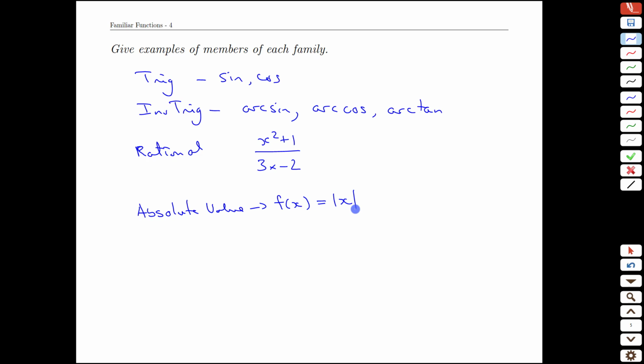That has a nice tie into the piecewise, because these symbols are hard to manipulate. A lot of the ideas in calculus about derivatives we don't have rules for how that applies to absolute values. So another way to write this is as a piecewise function.